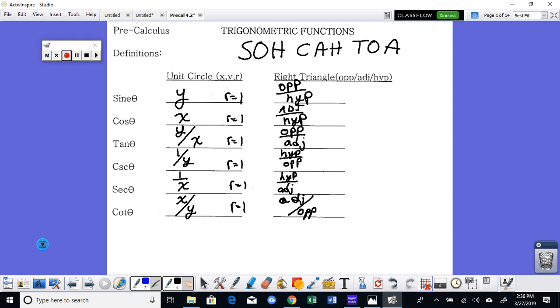Adjacent over opposite. All right, that is as fundamental to what we're doing as learning the first 3 letters of the alphabet to be able to write. You have to be totally fluent with all of that. Okay? Any questions?